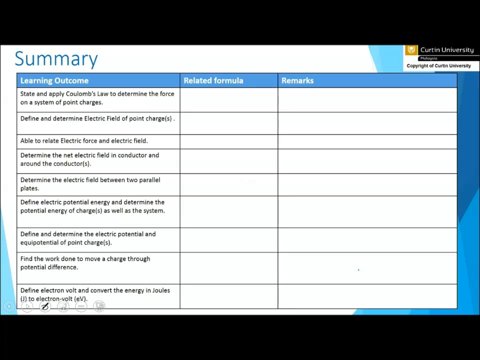Okay, the summary of this topic, referring to the learning outcome: state and apply Coulomb's law to determine the force on a system of point charges. So electric force equals K Q1 Q2 divided by R squared. Electric force is a vector.